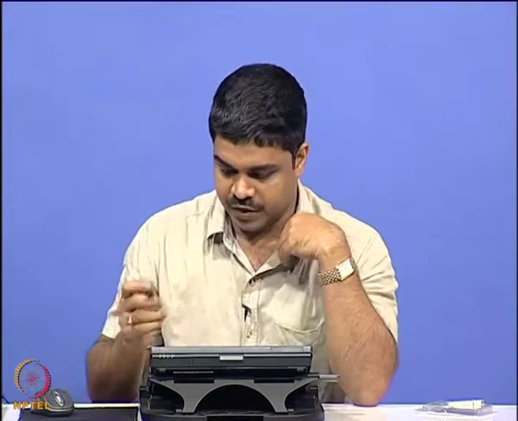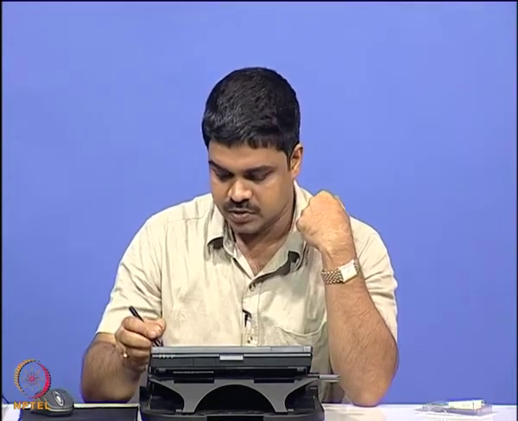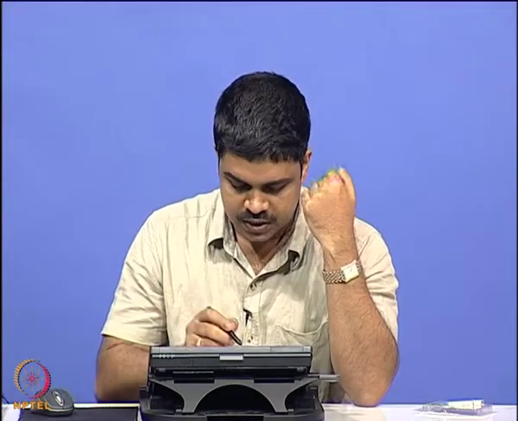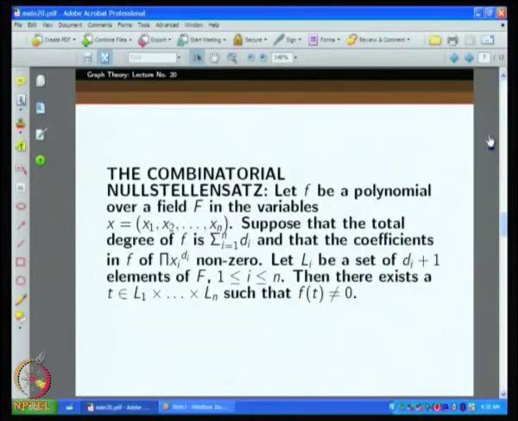That is the only thing we will need. So, you can see that in the combinatorial Nullstellensatz we had these two conditions, right.